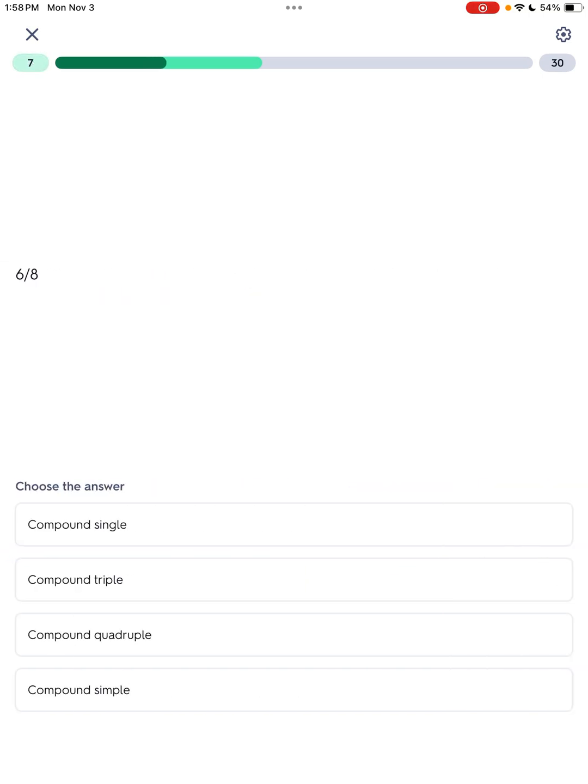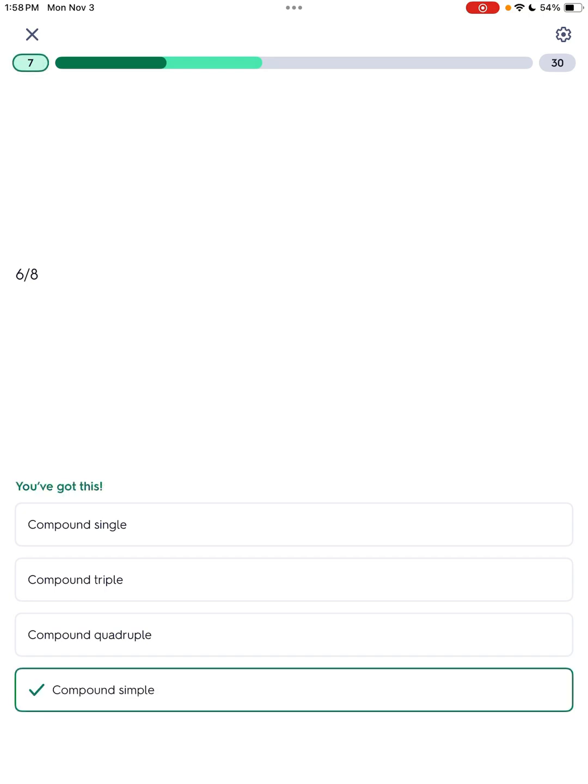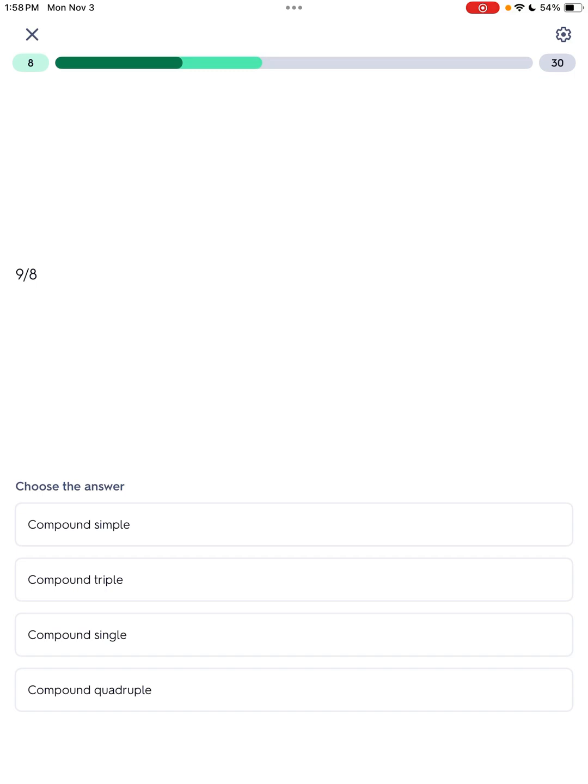6/8. Okay, if I remember my compound symbols, they would be 6/4, 9/4, 12/4. That's compound, simple, triple, quadruple simple. But if I did go with 6/8, I had the compound, wait, simple.